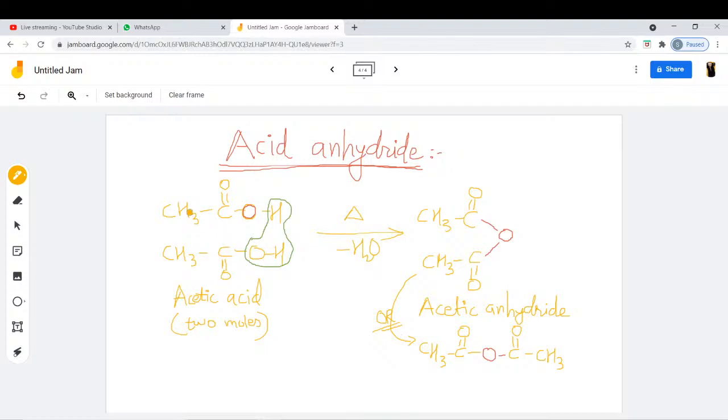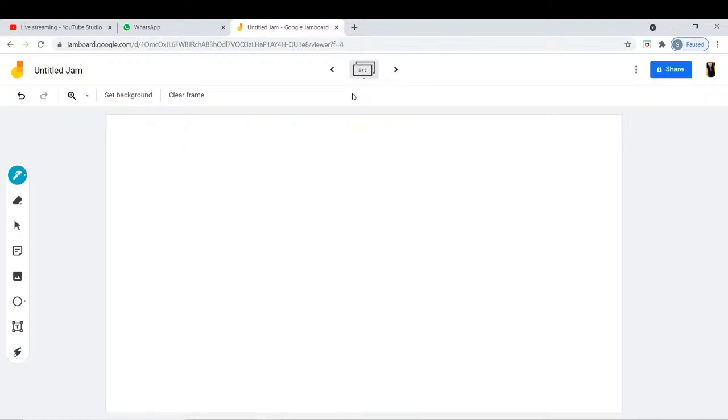So let's start its nomenclature. This is the anhydride we are going to discuss. Let's take another example and try to give its name.